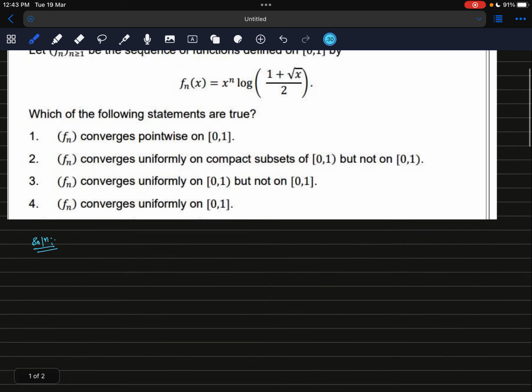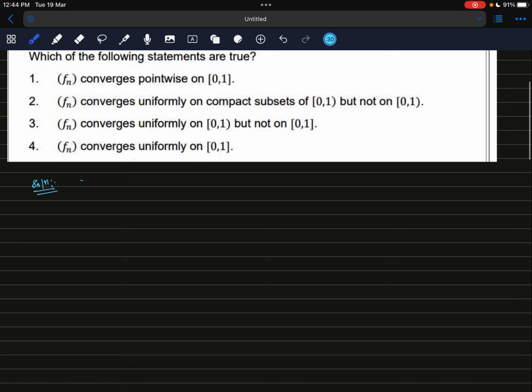So here we'll use a theorem. I just stated the theorem here.